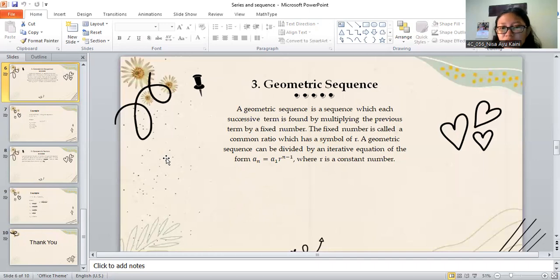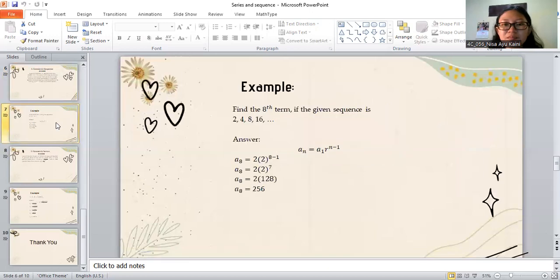A geometric sequence can be defined by the iterative equation of the form a sub n equals a sub 1 multiplied by r raised to the power of n minus 1, where r is a constant number.